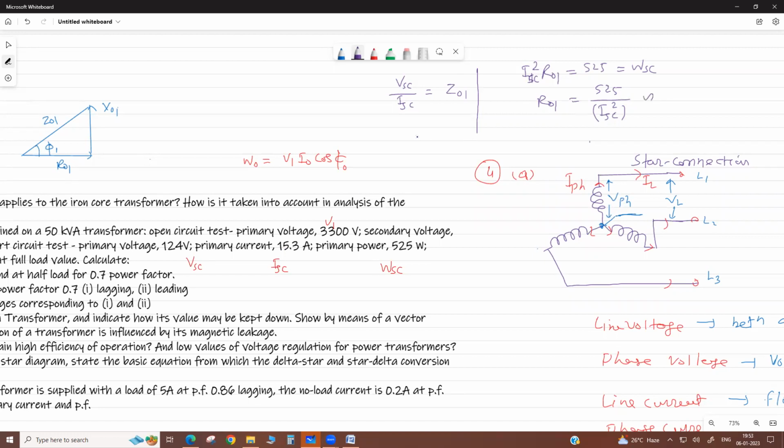Then you calculate this in ohms. Then you calculate X01 equals the square root of Z01 square minus R01 square. So you got these parameters. We require this and this. Correct, no? Now we require the power factor also.